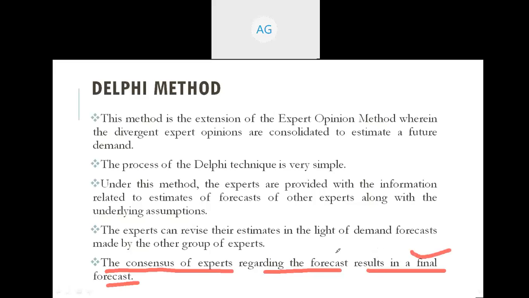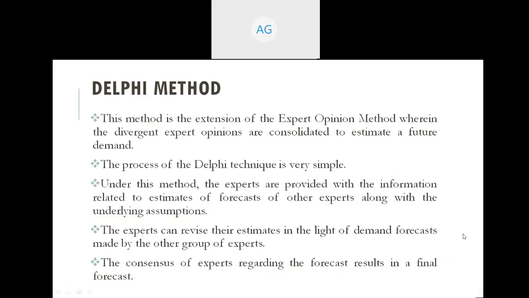So this is the advantage of the Delphi method, and this is the extension of expert opinion method. So by adopting Delphi method, the chances of good demand forecasting can be improved by the organization. So moving to the next slide.